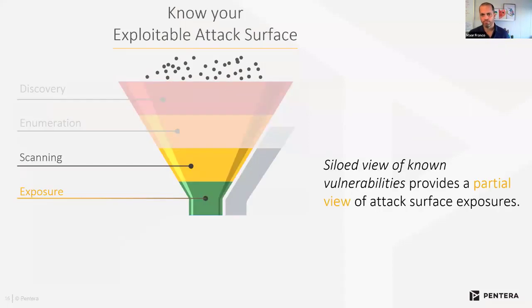Scanning and exposure. A solid view of just known vulnerabilities only provides a partial view of the attack surface exposures. We must shift away from being vulnerability-centric because it is failing us. It provides us, yes, more lists of vulnerabilities, but it takes away from prioritization of the lower-ranked criticality issues that the adversary is using to infiltrate and laterally move, because they know we're focusing only on the critical ones.